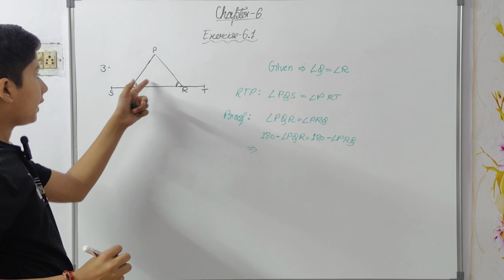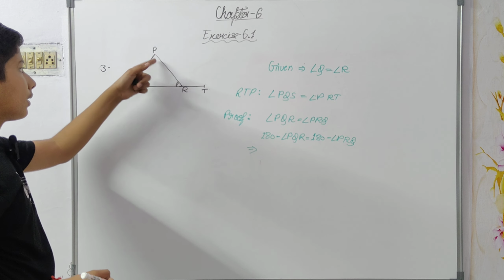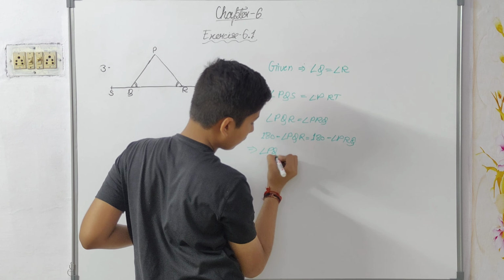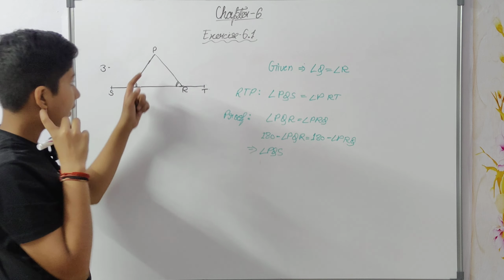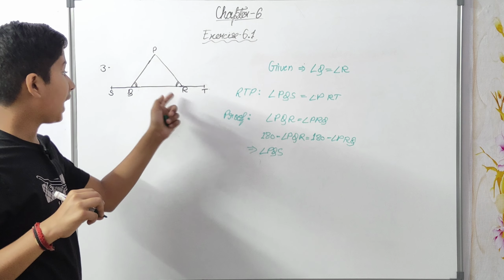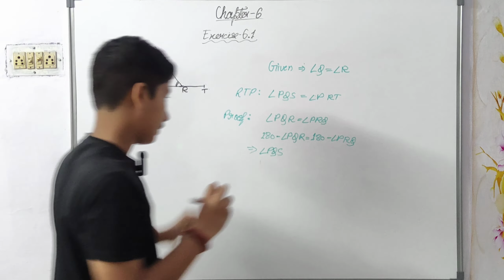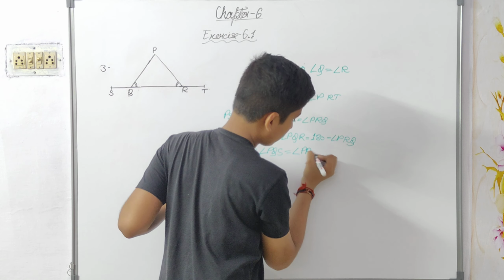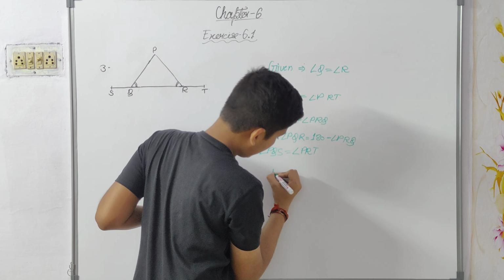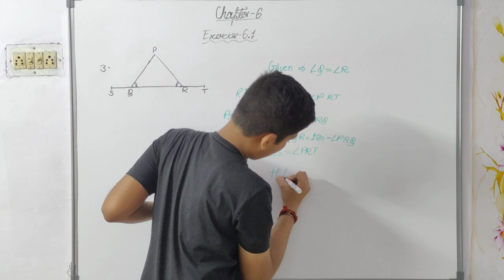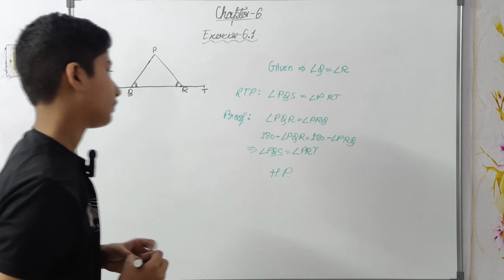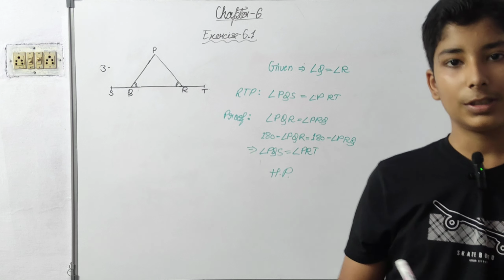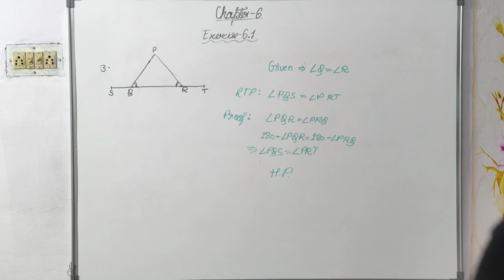Now 180 minus angle Q is PQS and 180 minus angle PRQ is PRT. And here you will write hence proved. Okay, this is proved. This was the shortest question. Now let's come to our fourth question.